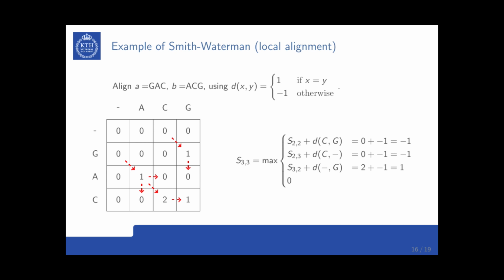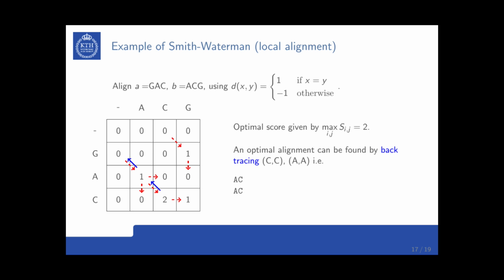Or we move there horizontally, and that's a 2 plus a gap penalty, and that's 1. We have the 4th option as well with a 0. So out of all these elements, the largest is the one moving in horizontally with a 1. Hence we select the 1.